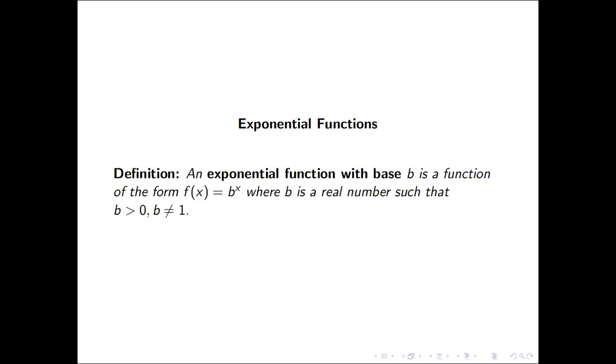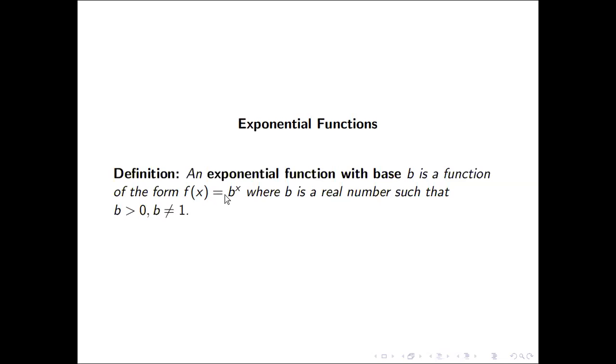An exponential function with base b is a function of the form f of x equals b to the x, where b is a constant. Of course, it's a real number, excluding those values that are negative. Why? Because if we have negative values, the exponential function itself may not be defined.